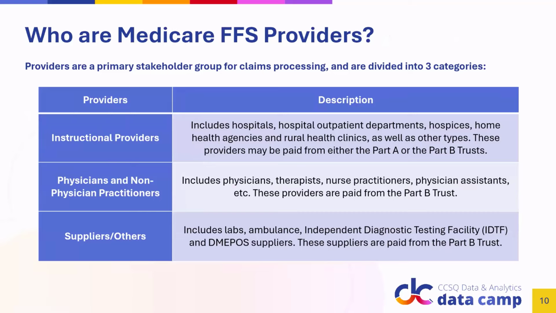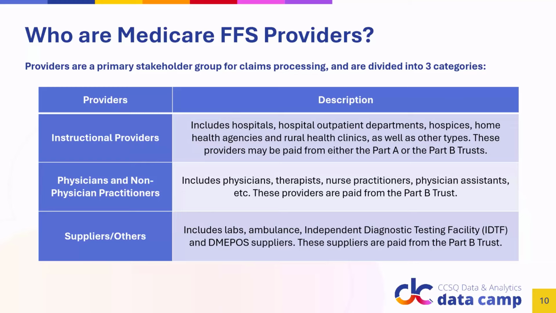Who are Medicare fee-for-service providers? Providers are primary stakeholder group for claims processing, and they're divided into three categories. Institutional providers, which are hospitals, hospital outpatient departments, hospices, home health agencies, and rural health clinics. I apologize for the typo here, institutional, not instructional.